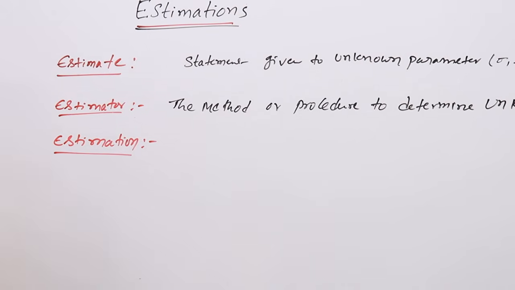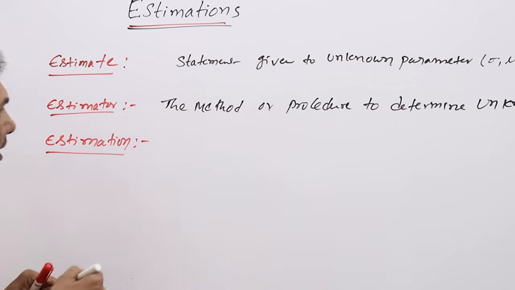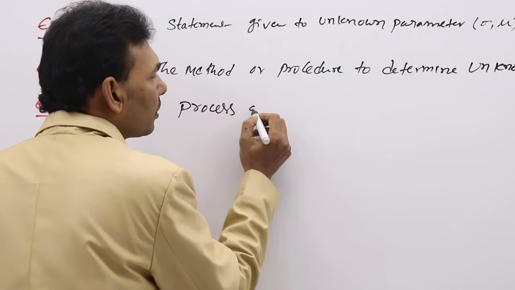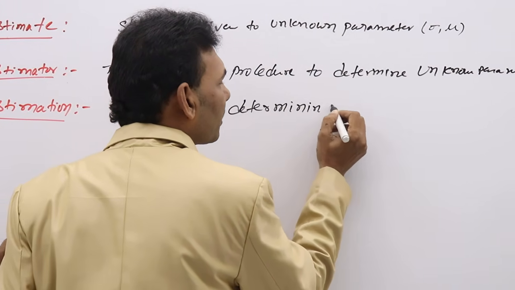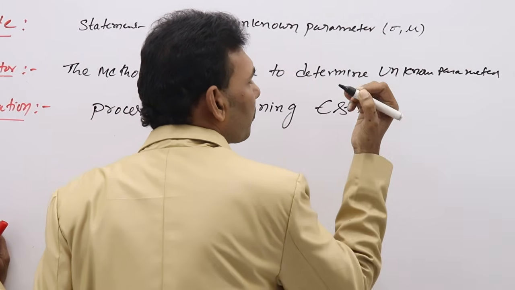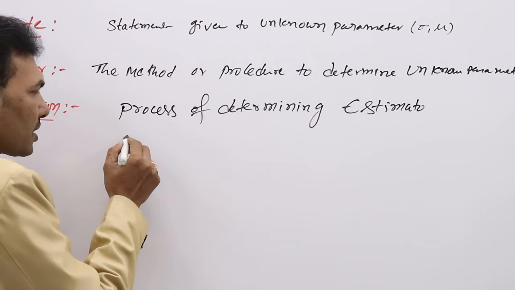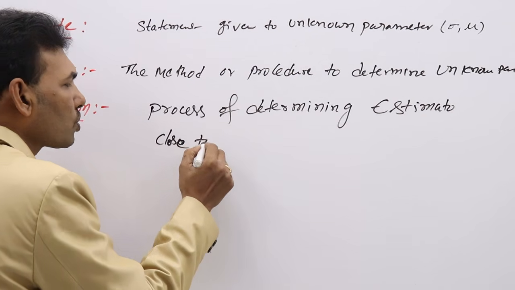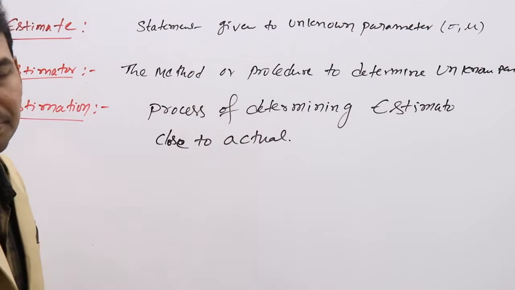Now coming to our actual topic, estimation. Estimation is the process of determining an estimator in such a way that it is close to the actual parameter value.